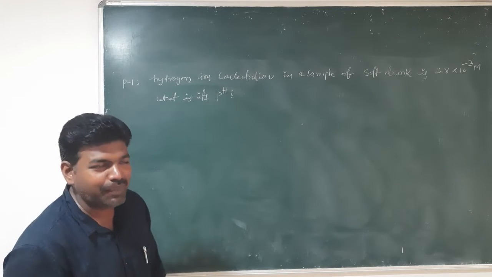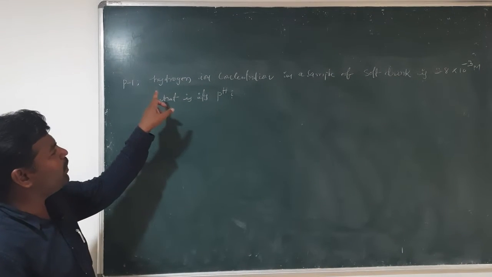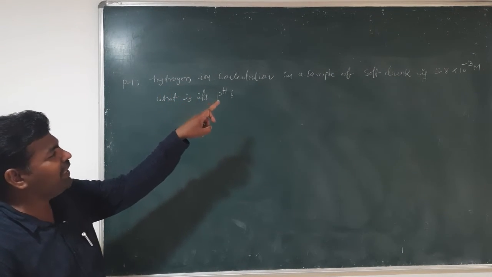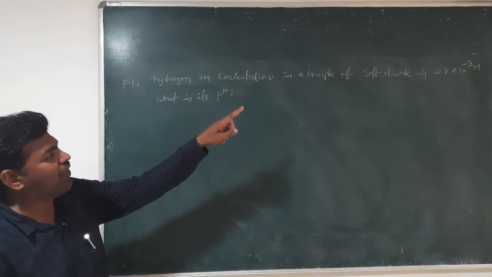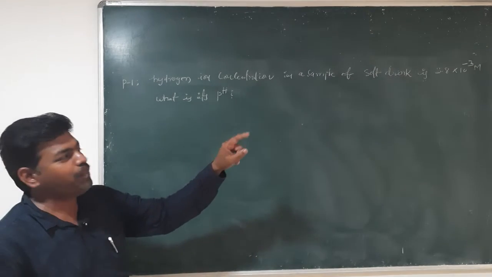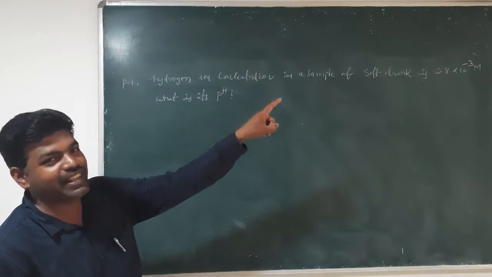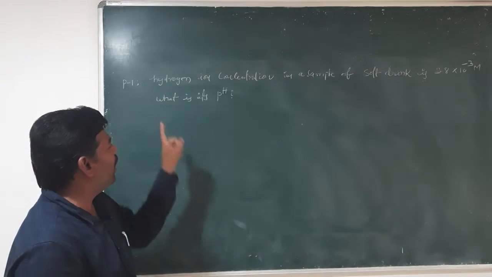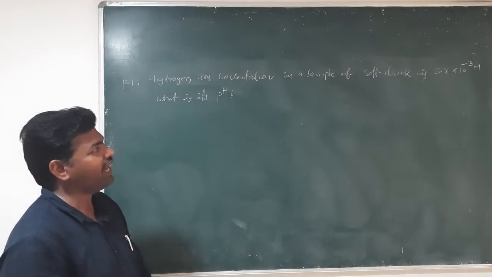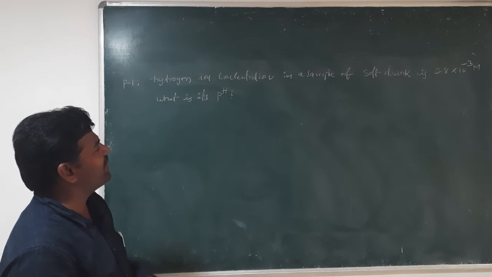Here the problem is: hydrogen ion concentration in a sample of soft drink is 3.8 into 10 power minus 3 molar. What is its pH? So, what is given?